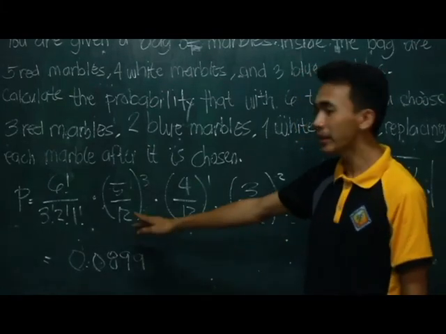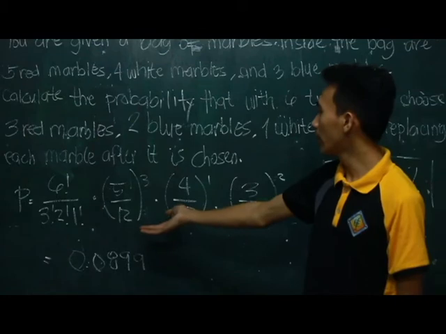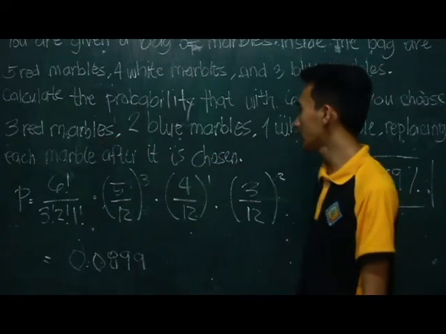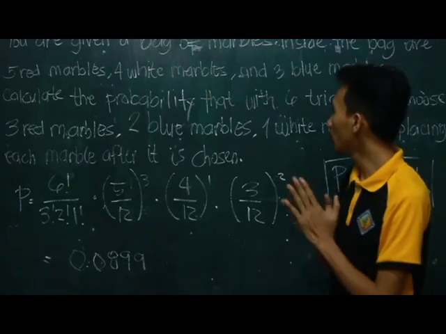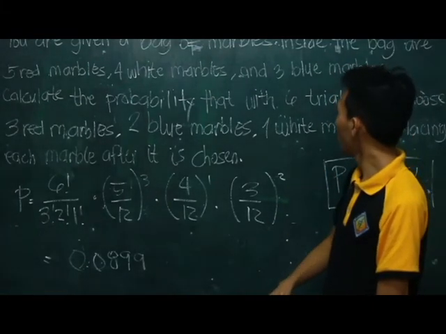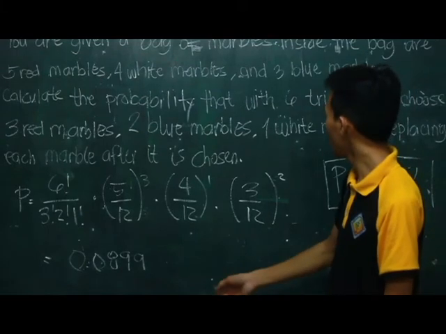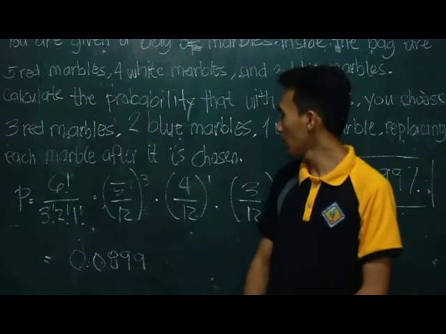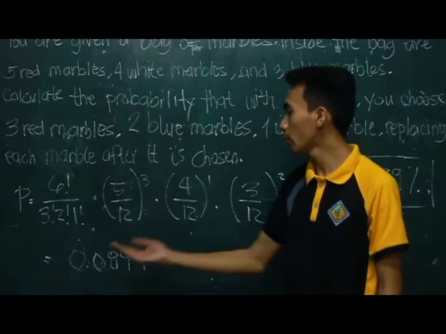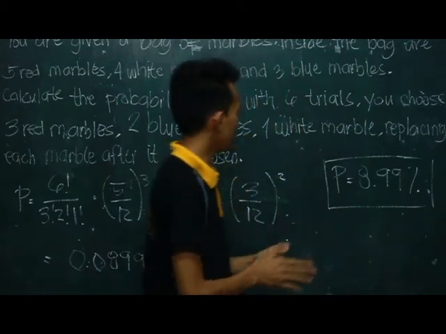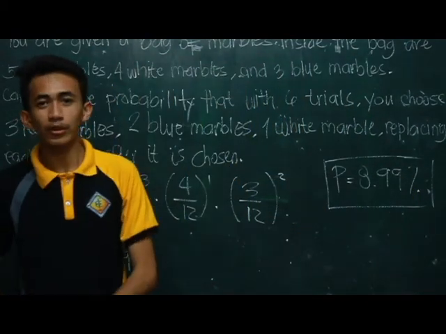So the probability of the red marble is 5 over 12, raised to 3, for 3 red marbles, times the probability of the white marble, 4 over 12 raised to 1, and times 3 over 12 raised to 2. We have the result 0.0899, or P is equal to 8.99%.